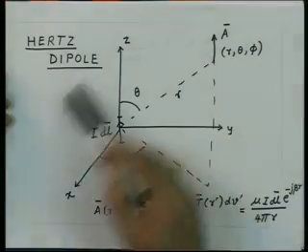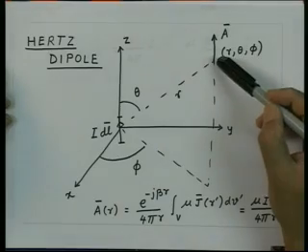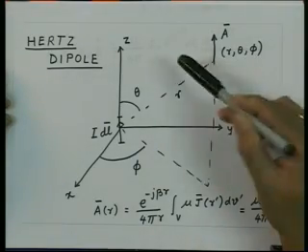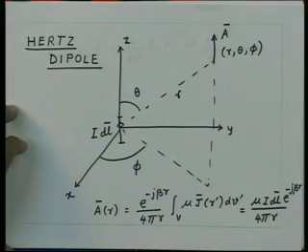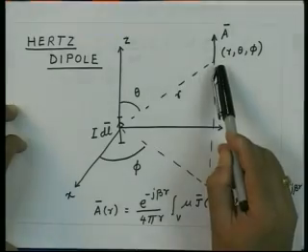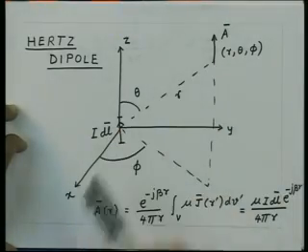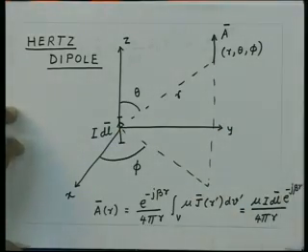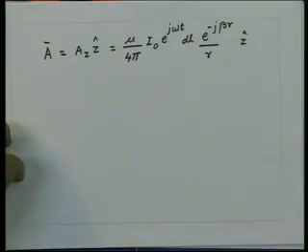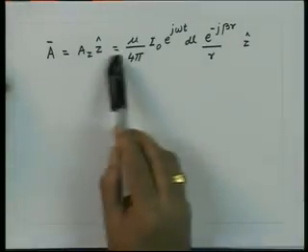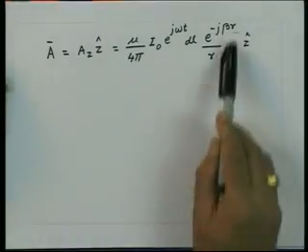That is, everywhere in space the magnetic vector potential will be oriented in the z direction. So, the magnetic vector potential at a distance r from the origin is given by this, which we wrote explicitly as the z component, given by that.